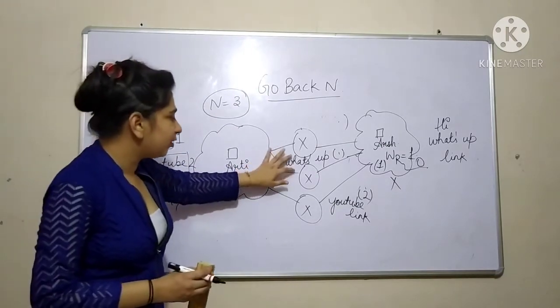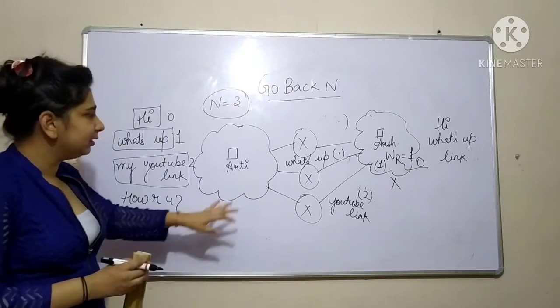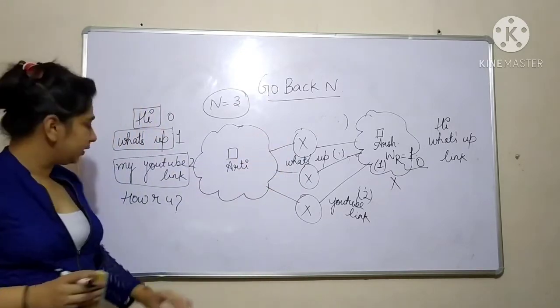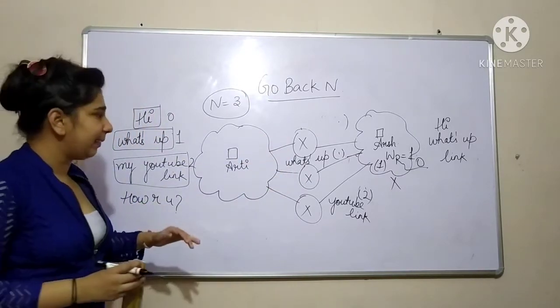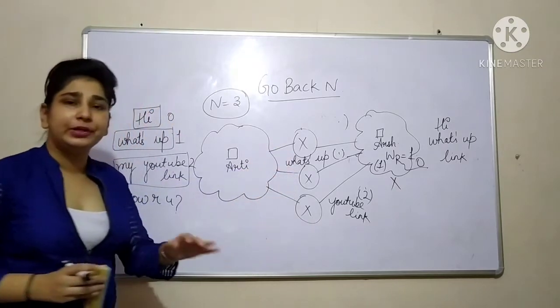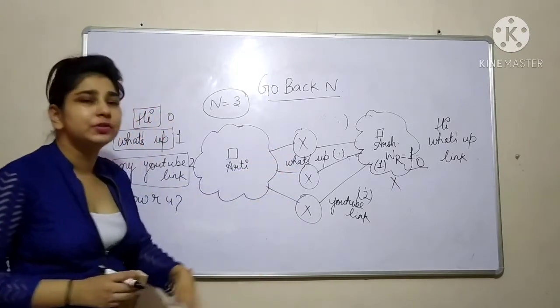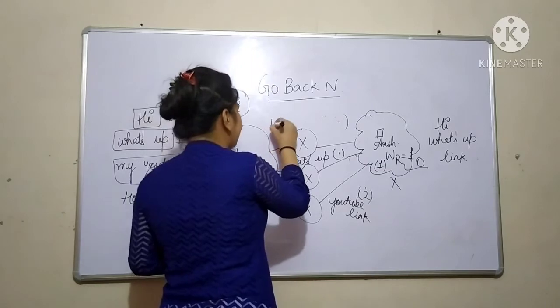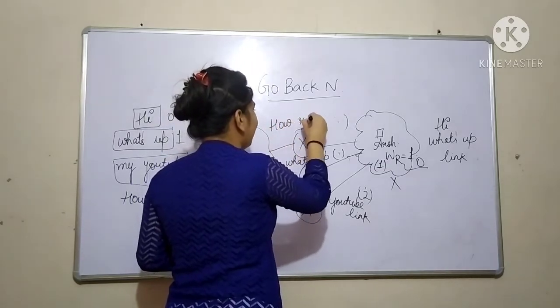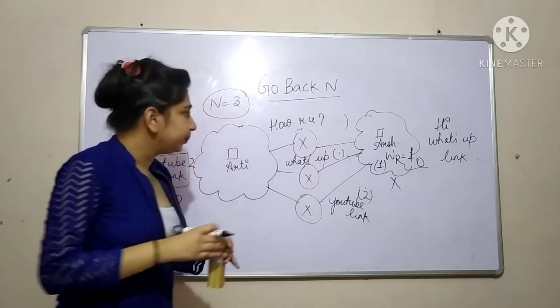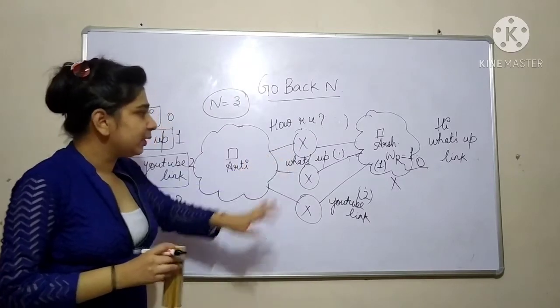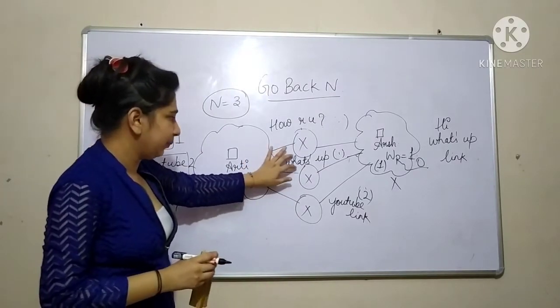The maximum number of packets we can have on the channel is 3. Now I have only 2 packets on the channel, so the next packet which I will be sending is how are you?